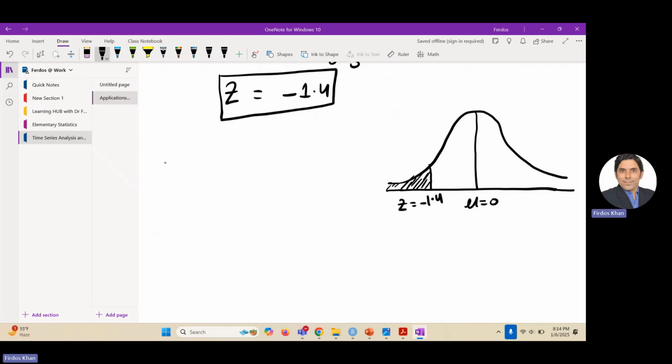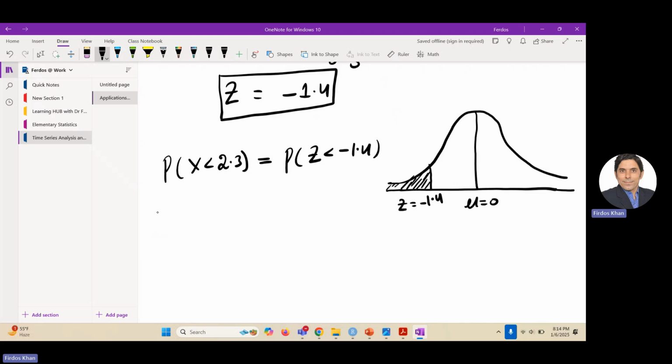So probability of x less than 2.3 is equal to probability of z less than minus 1.4. So we standardize this.